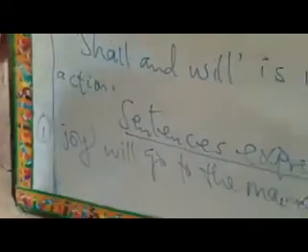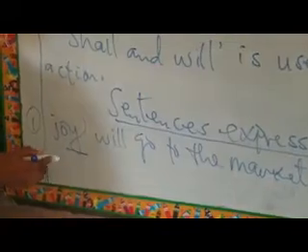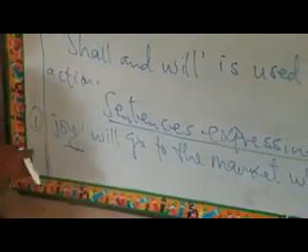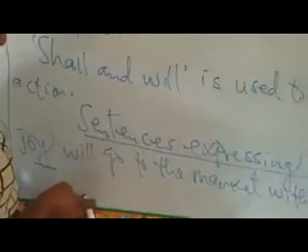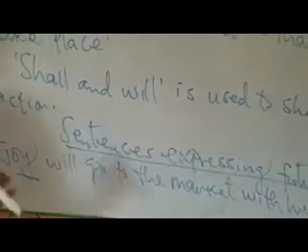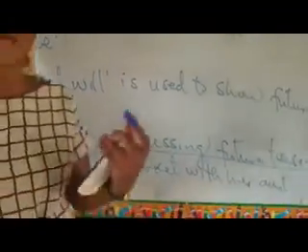Now, Joy will go to what? To the market with her what? With her aunt. Now, this sentence is telling us that the subject here, Joy, will go to the market with her aunt. Now, how do you know this is a future tense?